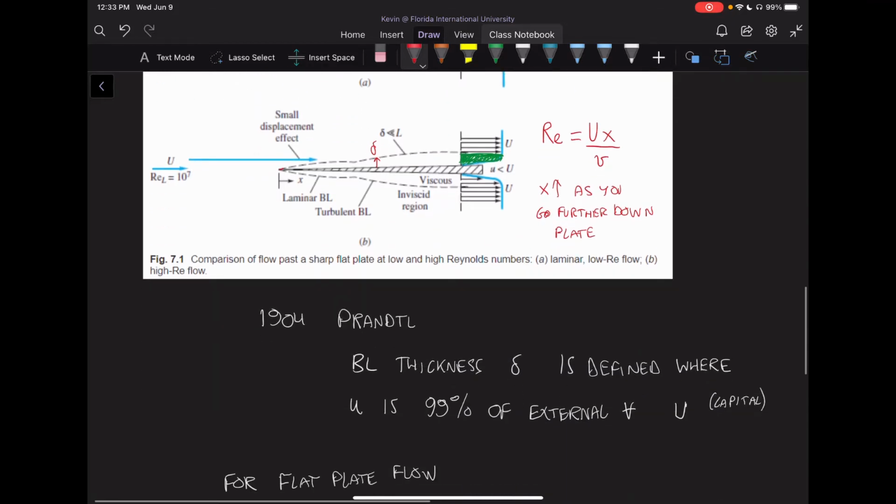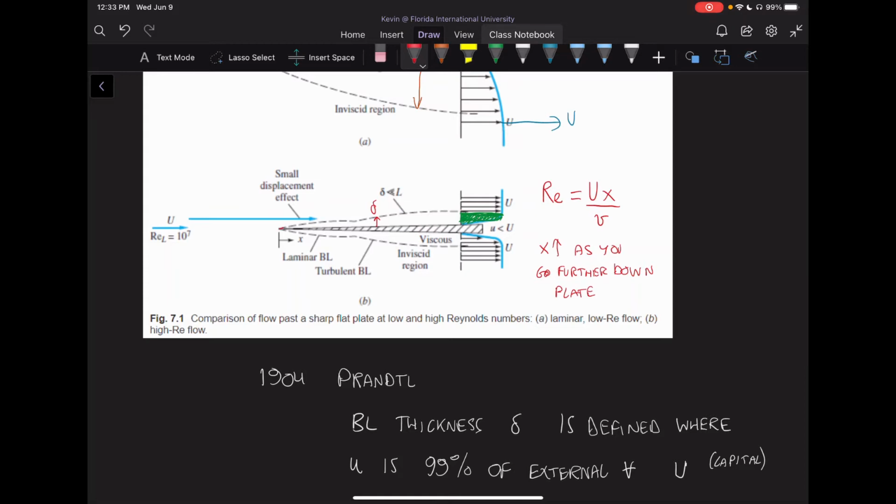And the statement that he said, boundary layer thickness delta is defined where u is 99% of the external velocity, means that if our local velocity is less than 99% of the external velocity, we're still in this boundary layer. Okay, so as soon as we feel an effect from the wall on the flow velocity, we can count that as our boundary layer.